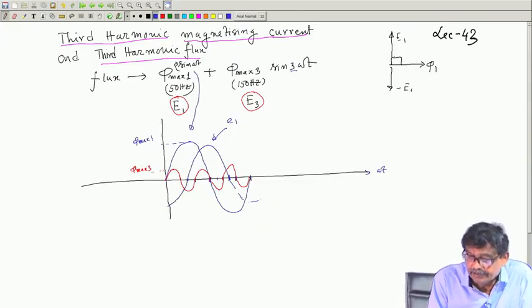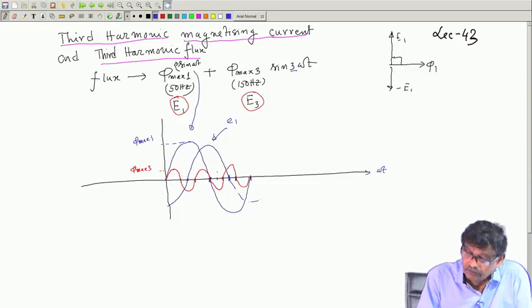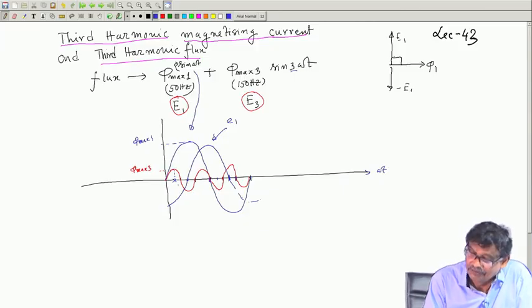and because of phi max 3, that voltage also will lag this red colored curve by 90 degree with respect to its angle. So, this is 90 degree here, is not. So, it will start from here, and where will be the first cycle?